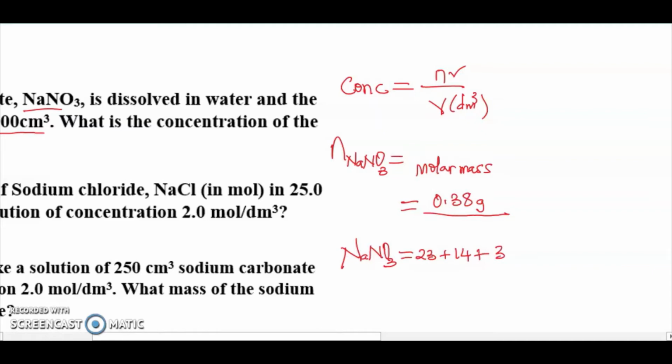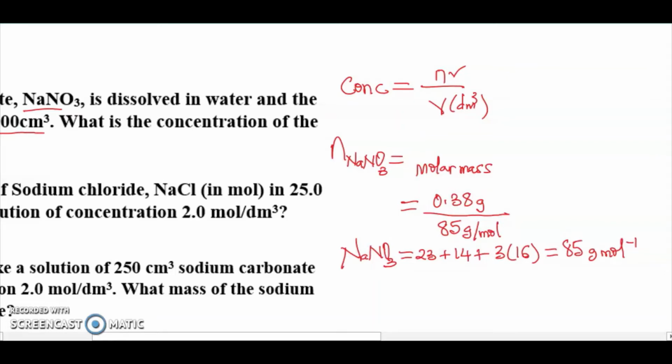So we have 3 times 16. So that gives us the molar mass is 85 gram per mole.